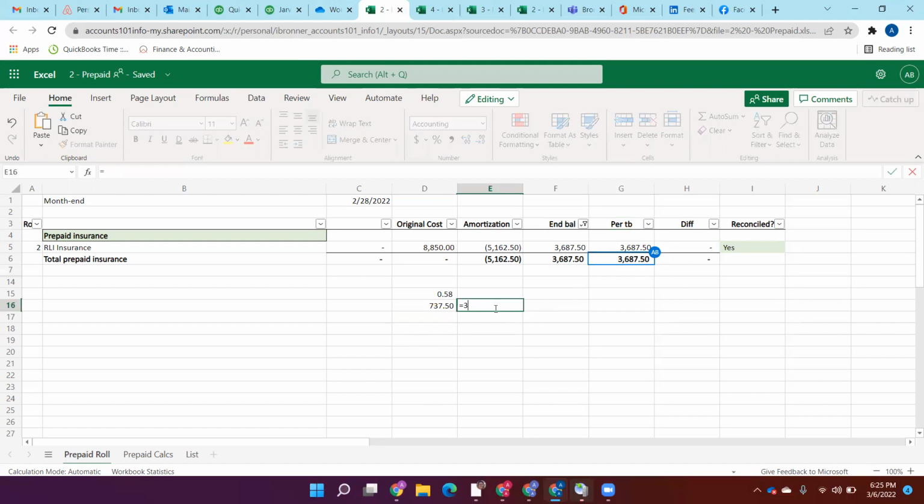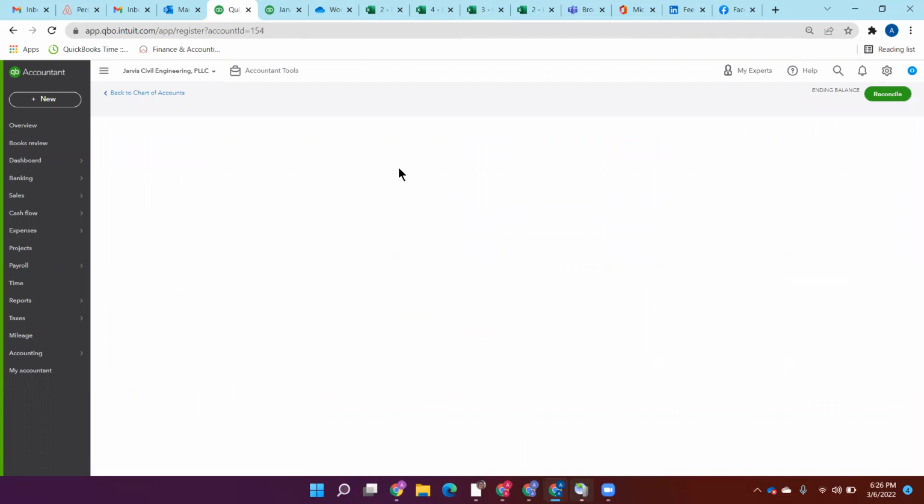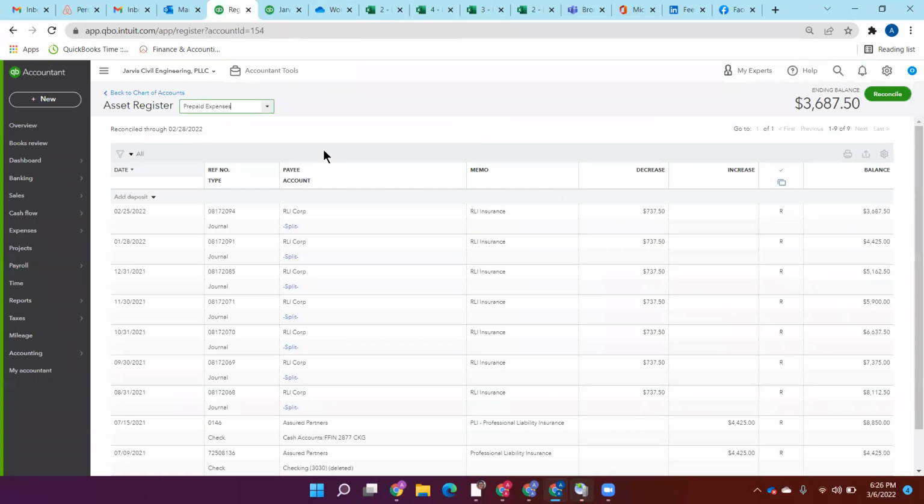So then if you go to the prepaid insurance account, you probably will see something around that dollar amount. Yep, there's your 737.50. That's the monthly amortization.